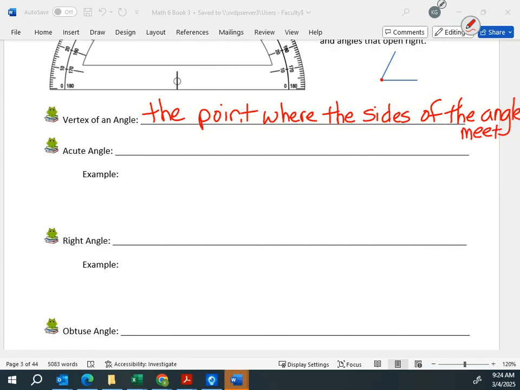So that vertex is that tip of the angle right there that you're putting your protractor over. The little open circle on the protractor you put right over the vertex. You line up the line on your protractor coming out of that circle to line up directly over that bottom line of your angle.